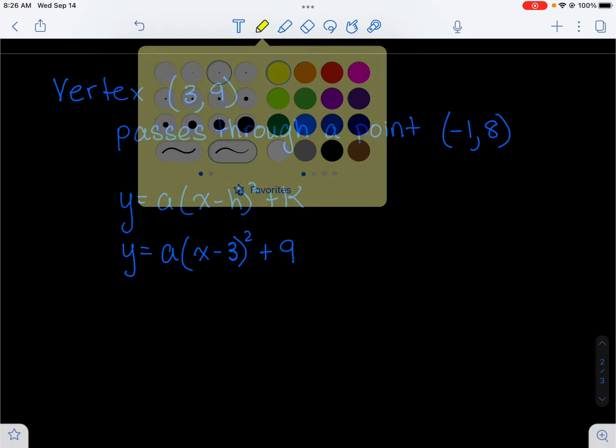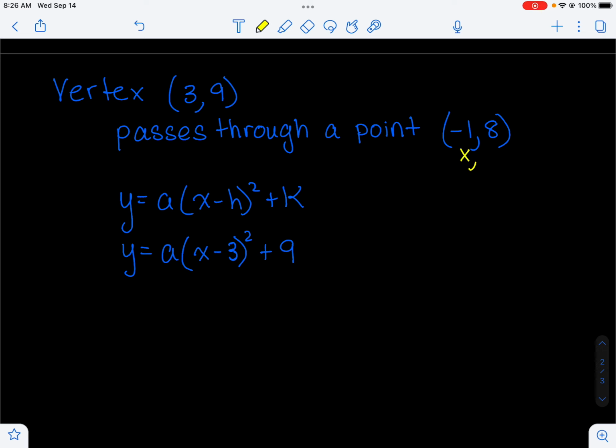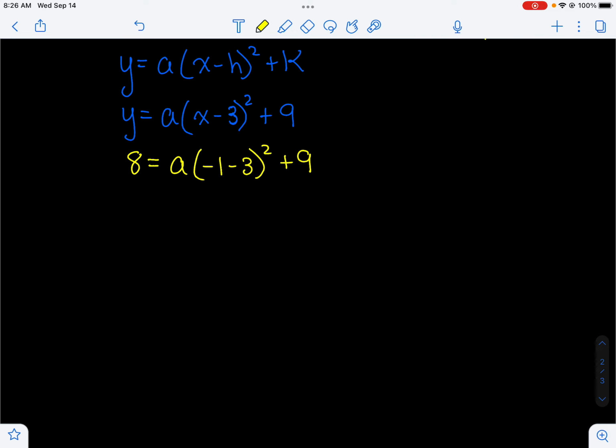So to figure out a, I can sub this in for x and y. So 8 equals a, negative 1 minus 3 squared plus 9. And now I just isolate a. So negative 4 squared plus 9. Let me quickly simplify this. Negative 4 squared would be 16a plus 9.